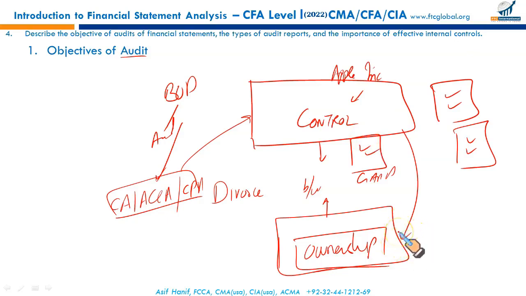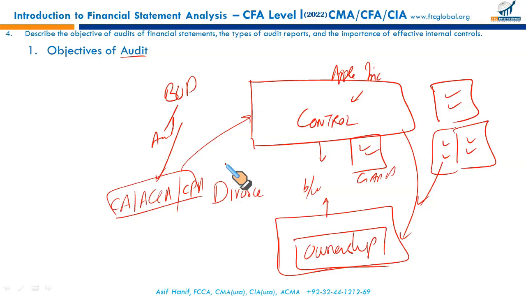I will be more willing to accept the numbers once the financial statements are audited. Because otherwise I have no way to certify whether the numbers given by the management are dependable or reliable. So in other words, audit lends credibility to the numbers given in the financial statements. Once the financial statements are audited, I will get comfort as a shareholder that the numbers are true and fair.